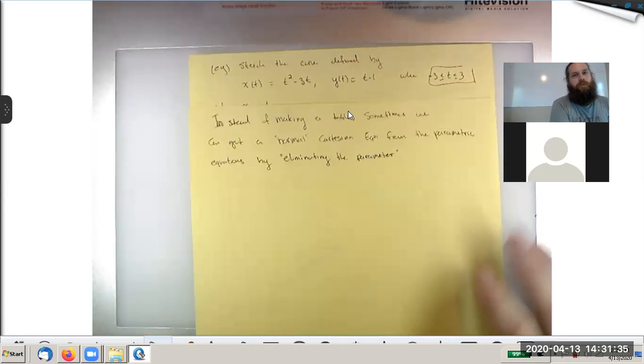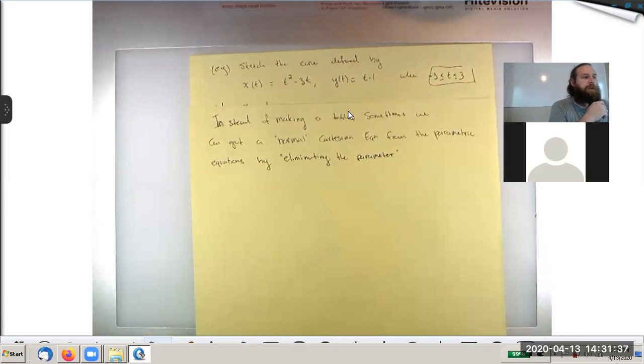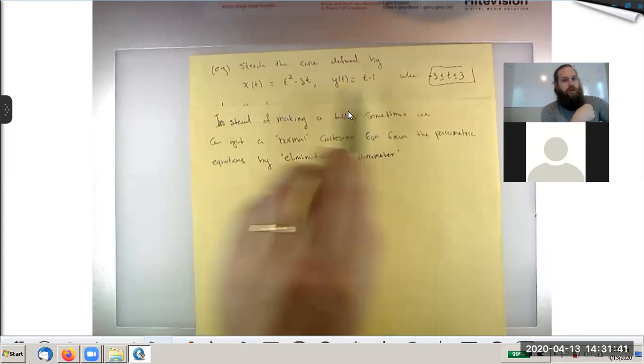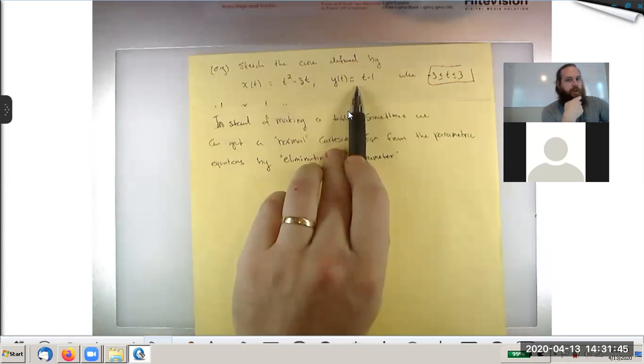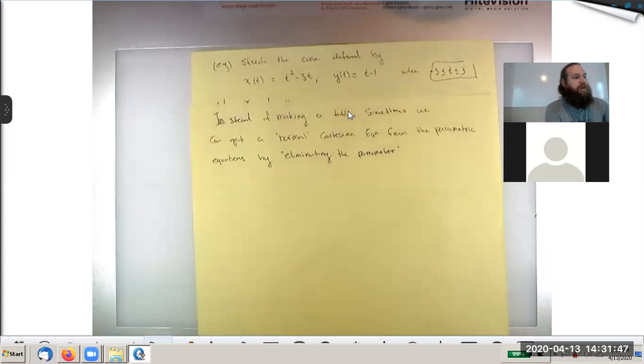So for the problem we just looked at, I could eliminate the parameter t by taking either of these equations and solving them for t. This one is easier to solve for t, and then plugging that in here.